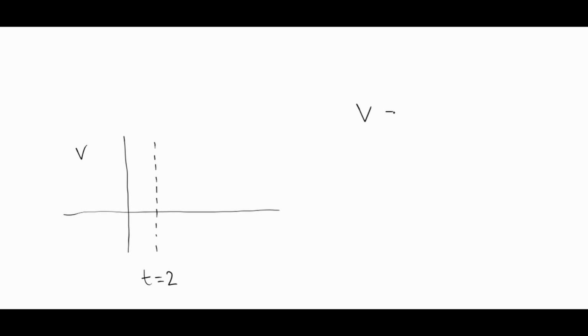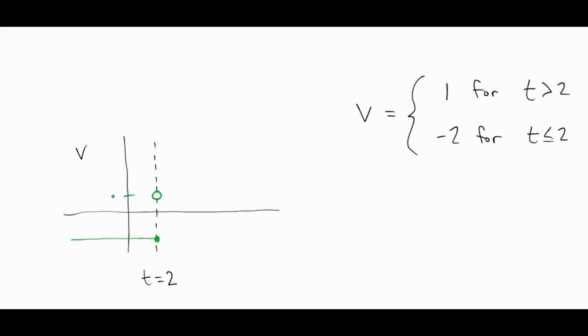They're saying the velocity is -2 for when t is less than or equal to 2, and it becomes 1 for when t is greater than 2. Okay, let's graph the original velocity function. It's going to have a solid dot here, and then an open dot up here at 1. It's going to look like that.